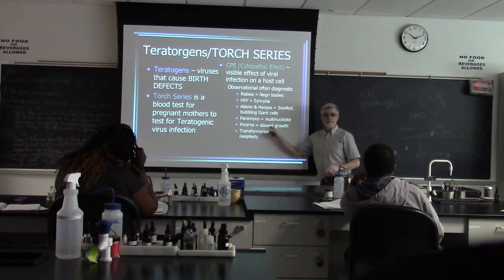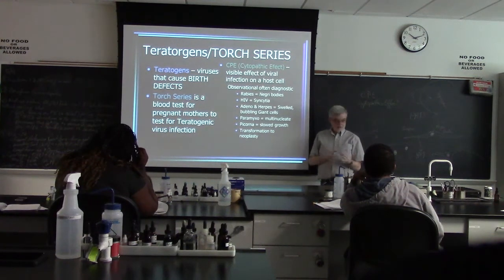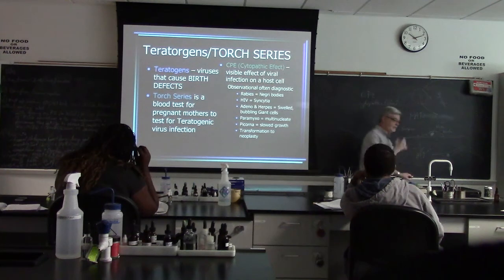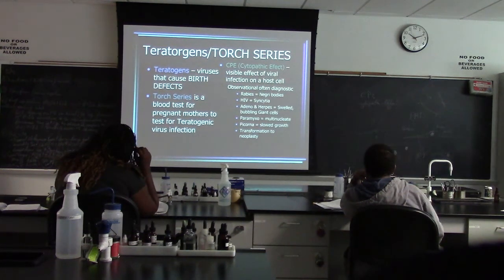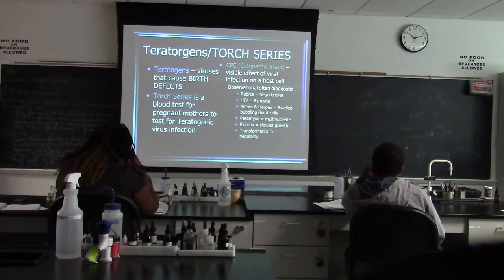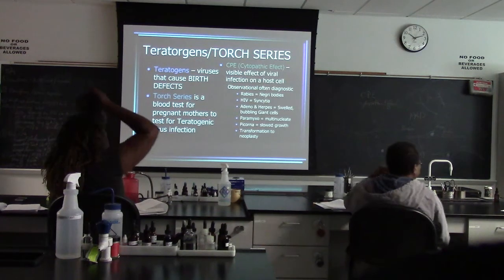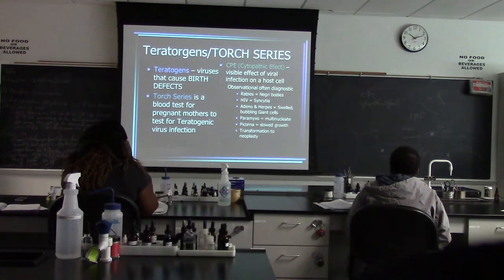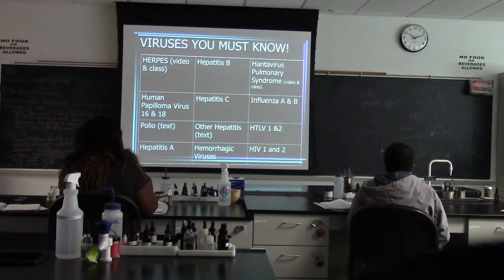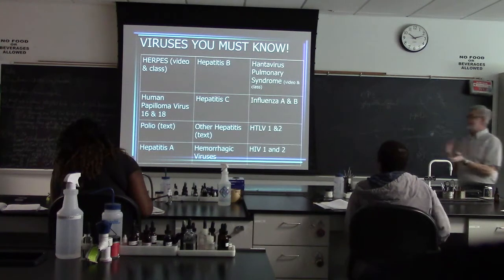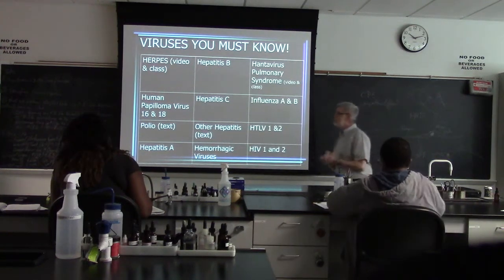What's the number one thing about polio? Atrophy. The cells don't seem to mature. Their maturity is stopped. So remember, CPE is very important, an easy way to diagnose something that is incredibly small and difficult to diagnose, a virus. What do you do? You look at the host and see if there's been a change. Cytopathic effect.